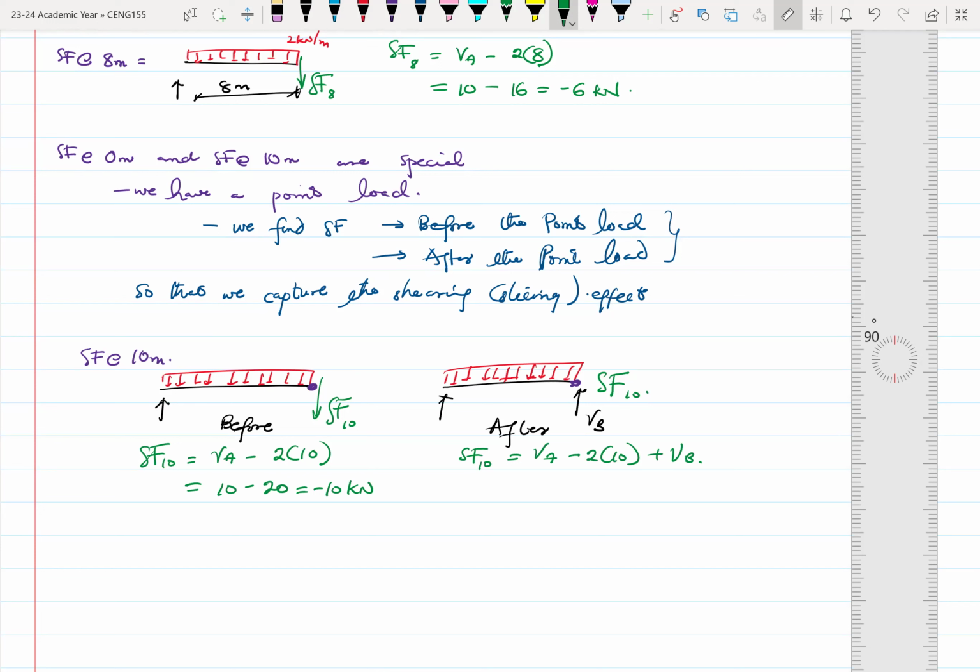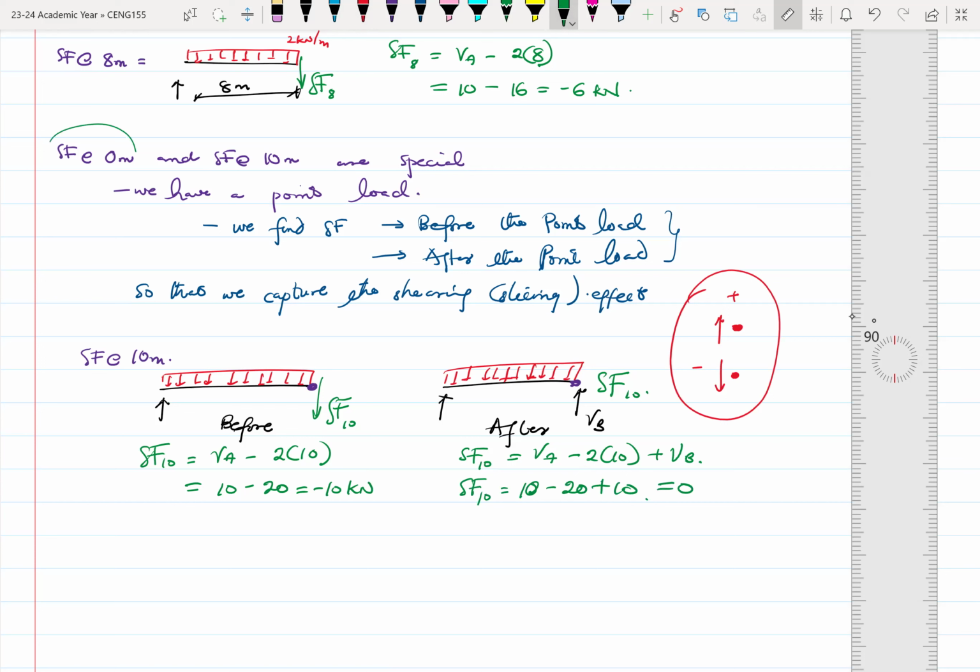If it's downward, it's negative. Always have this at the back of your mind. I've been using this ever since. So here my shear force at 10 meters becomes 10 minus 20 plus 10 equals 0.